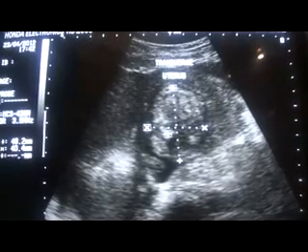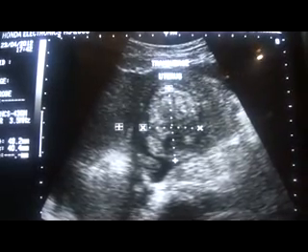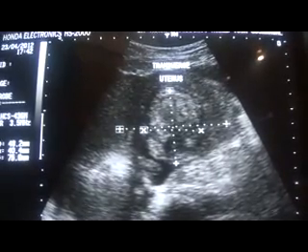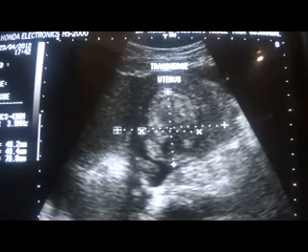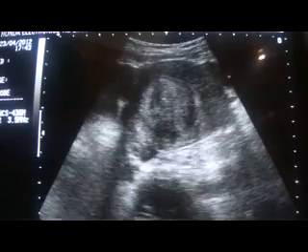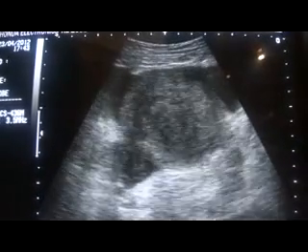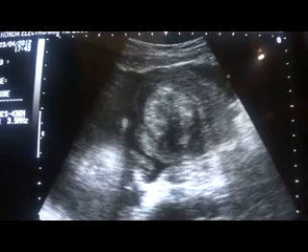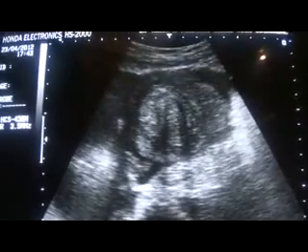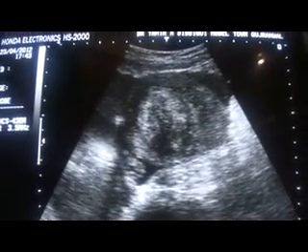So this is the transverse section, this is the longitudinal section, and the uterus measures 9.7 centimeters by 6.2 centimeters by 6.3 centimeters, and the normal dimensions for this age are much less as compared to what you are seeing.